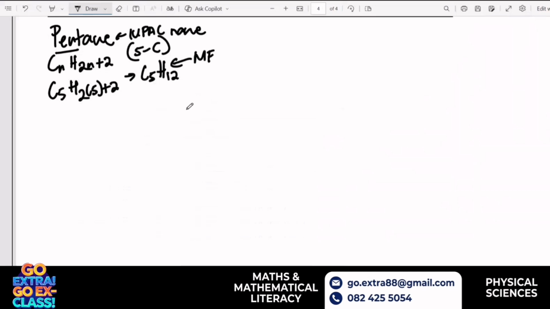So now, how do we write the structural formula of pentane? Therefore, structurally, we can write it as C, like this, but it must have 5 carbons.